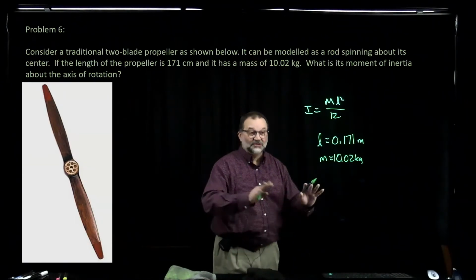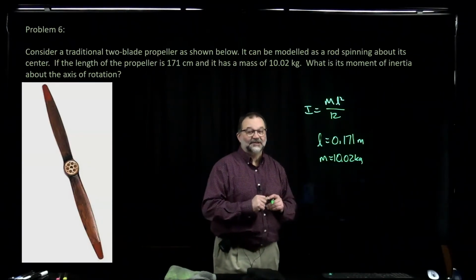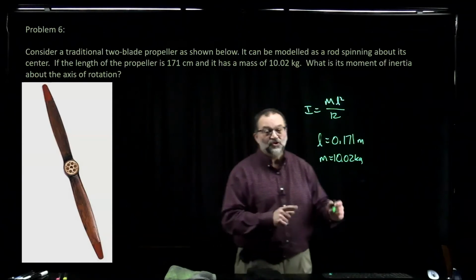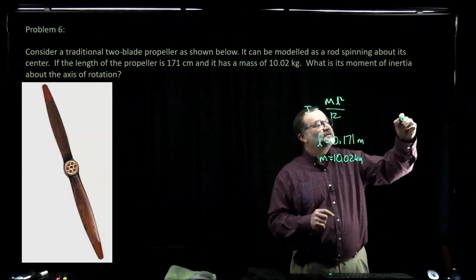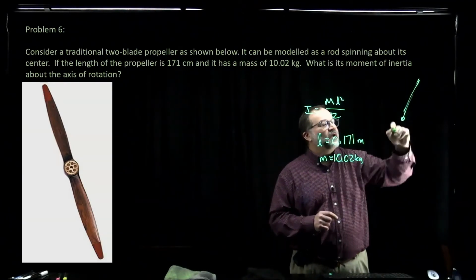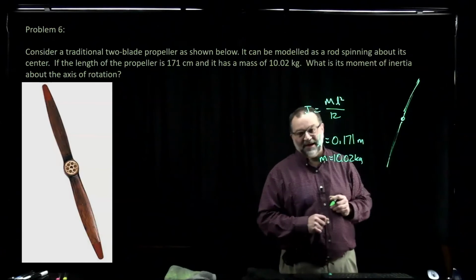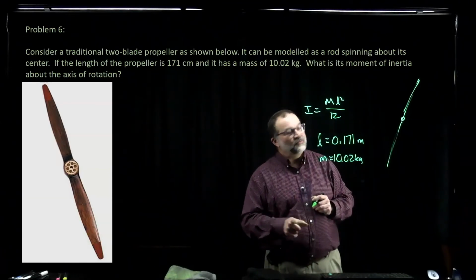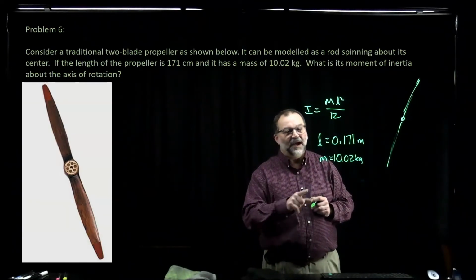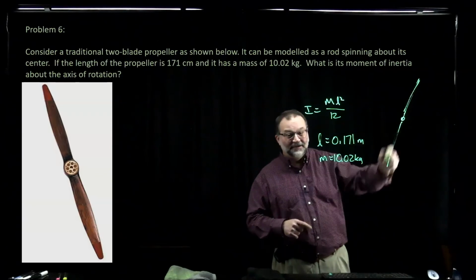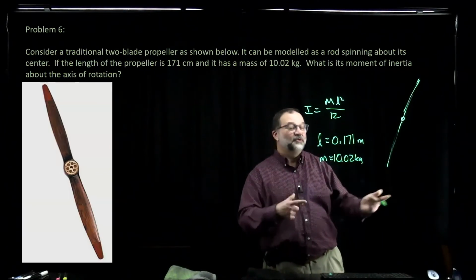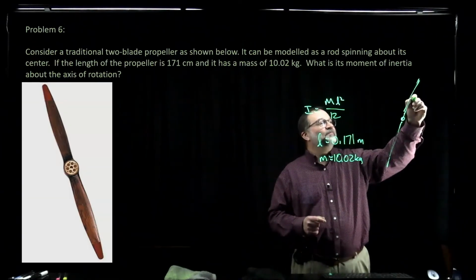Now I'm going to take a moment and think about it a slightly different way. Because you could also think about it as I've got a rod going this way and a rod going that way. What is the mass of this half rod and this half rod? This is important when it comes to another problem.